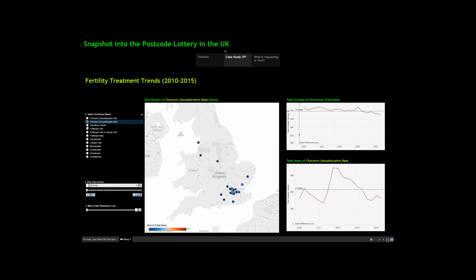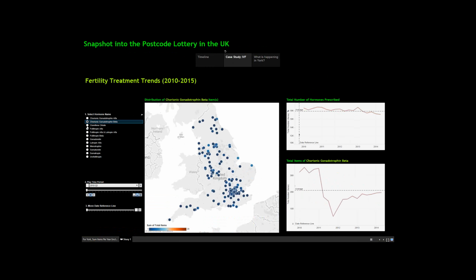But it went decreasing again in 2013. The trends are quite different for all these treatments. This might be because some of them are more commonly used, or they're just treatments that became available recently.